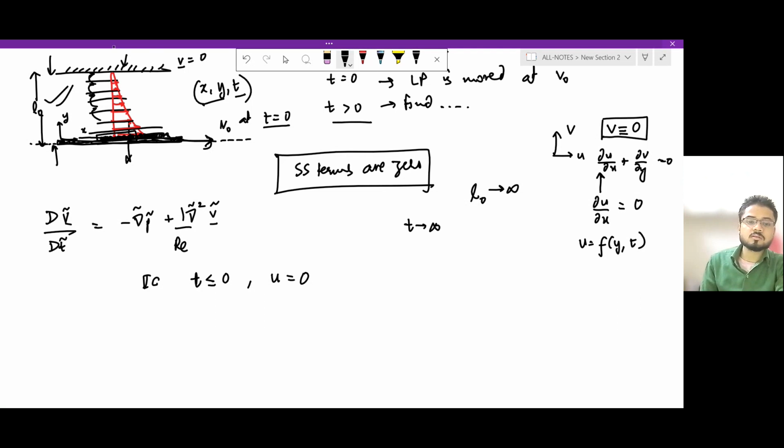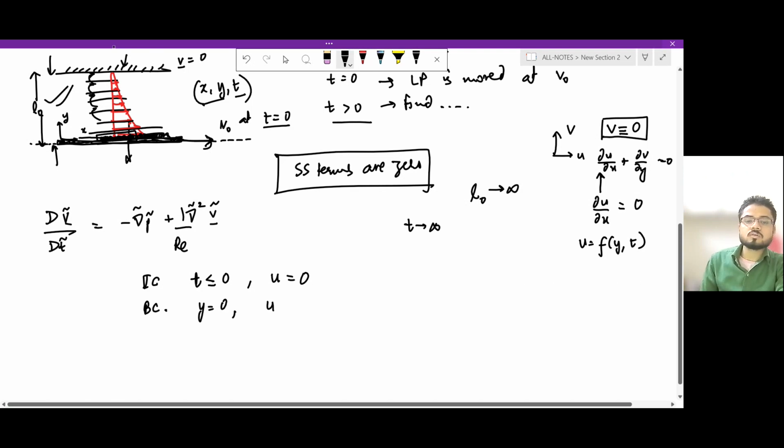So we can write it like this, and the boundary conditions can be written as, for y equals 0, you have u equals v naught, and the second boundary condition, for y reaching infinity, u reaches 0.